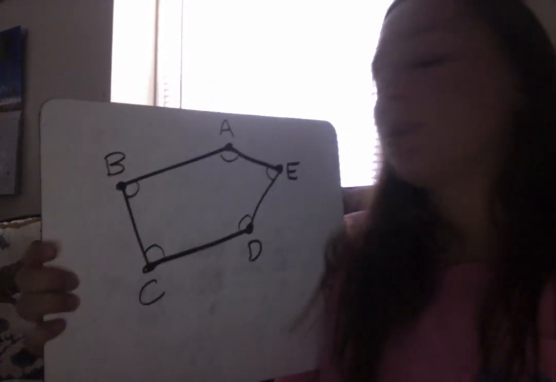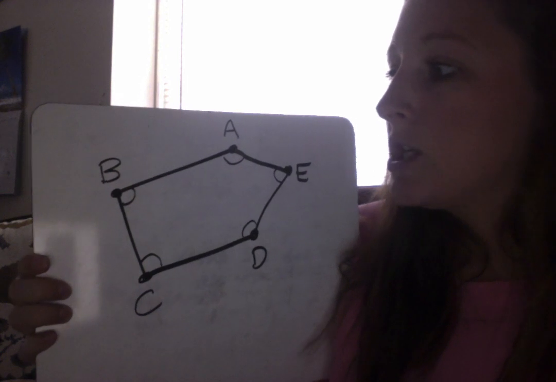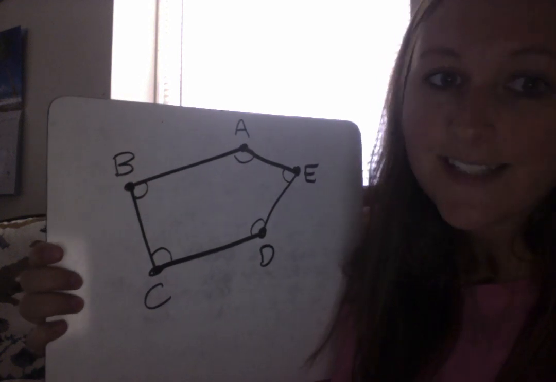Now the book is going to throw you for a loop because it's also going to put small letters inside the shape.